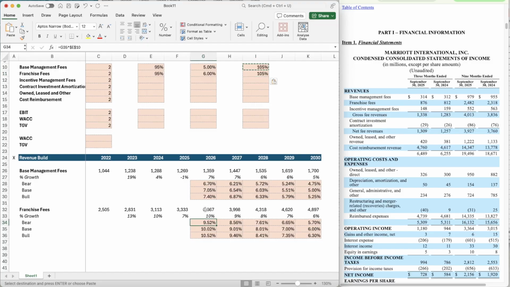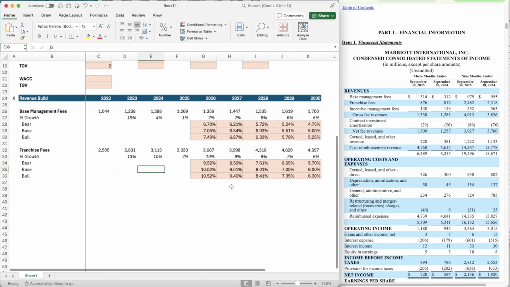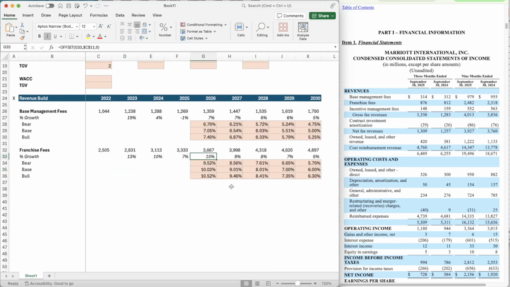So this to be 11, pull that along. Same for this one. Yeah, that looks good.